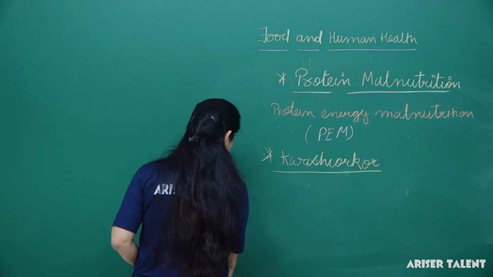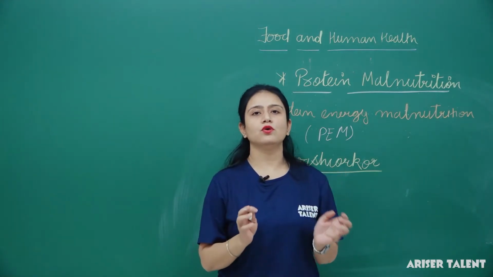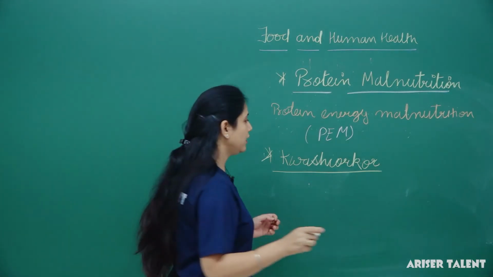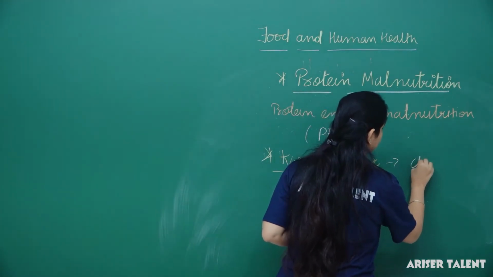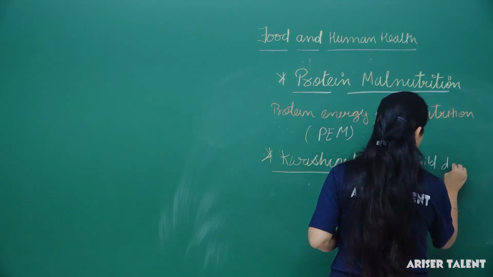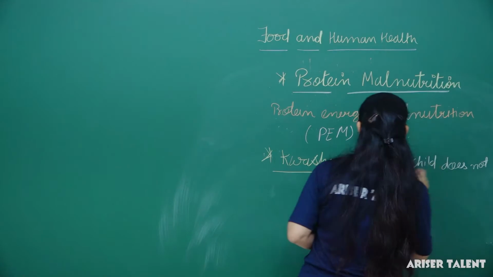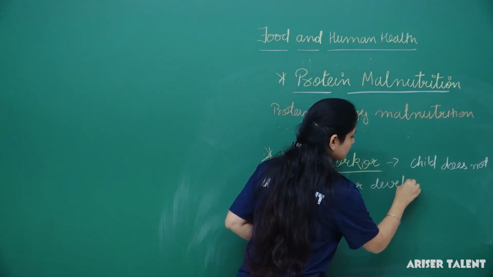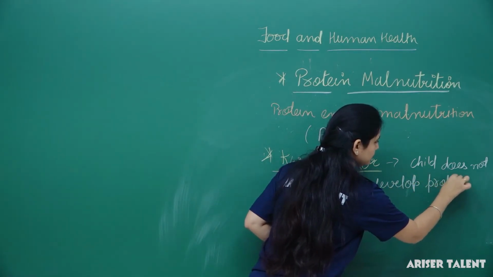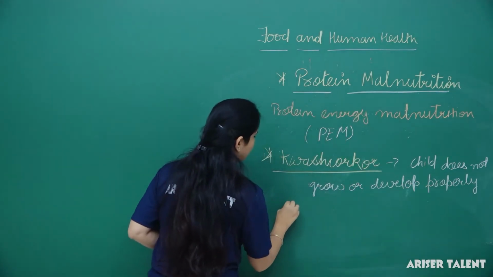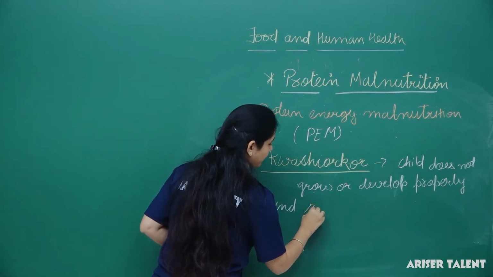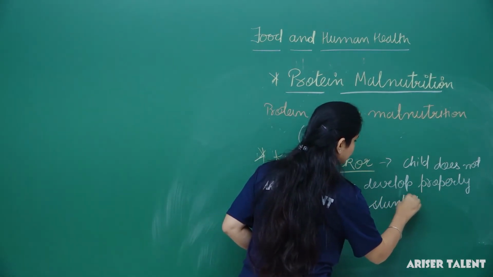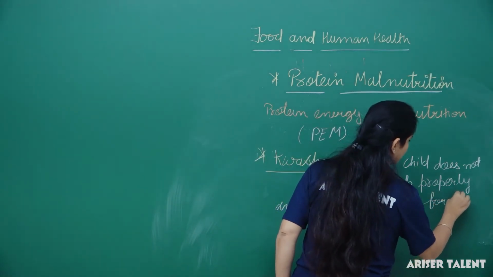Kwashiorkor is a disease in which the child does not grow and develop properly, and remains stunted for life.